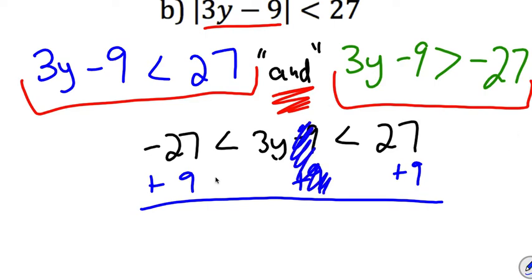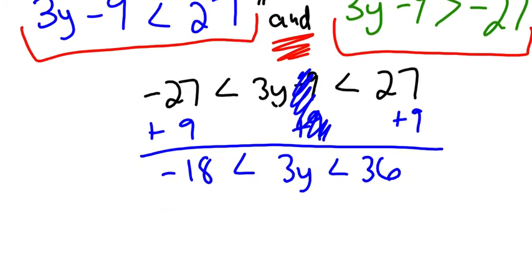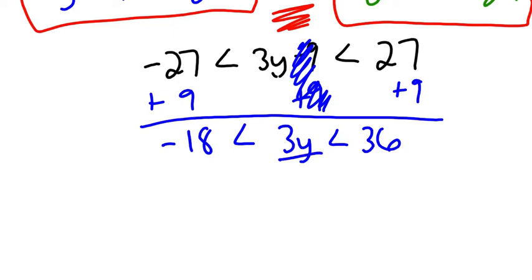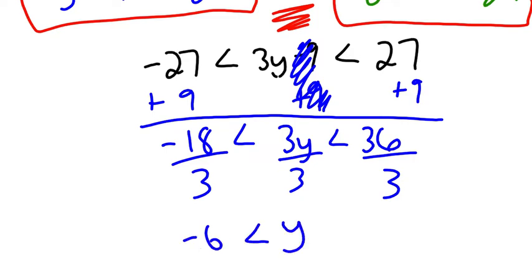Just make sure you're showing your work and you're good. So this is negative 18 is less than 3y is less than 27 plus 9 is 36. Now we're going to divide all three parts by 3. We get negative 6 is less than y is less than 12.